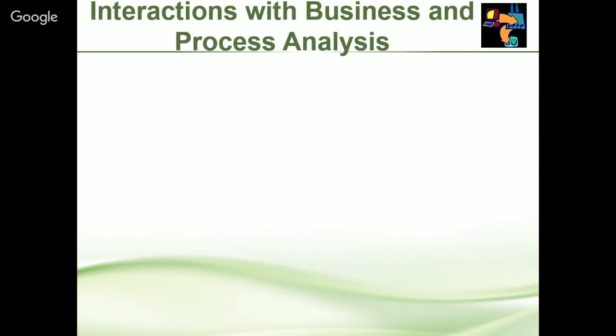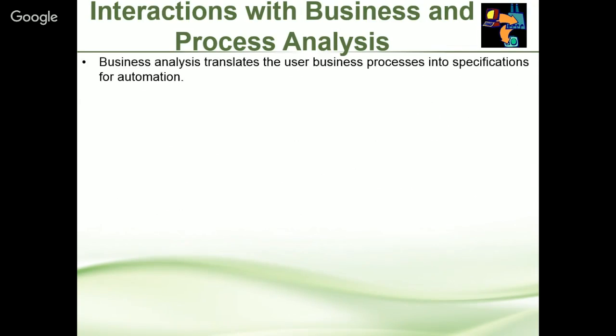Now, systems analysis is different than business analysis and a little different than process analysis, but they overlap. Business analysis specifically translates a manual process, a business process, into specifications to automate that process. So business analysis is where understanding the business and understanding automation come together.